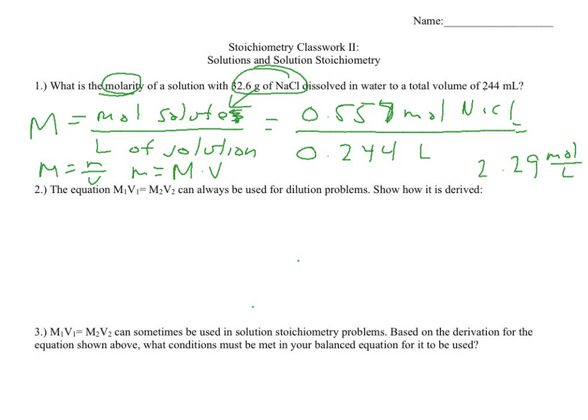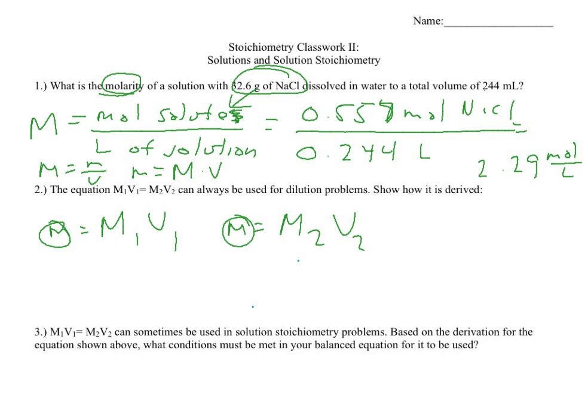So you have a certain amount of moles in the beginning, a certain molarity and a certain volume that goes with it. As we add water and change volume, you have a new molarity with the new volume. With dilutions, you don't change the number of moles, so the initial moles and the final moles are equal.